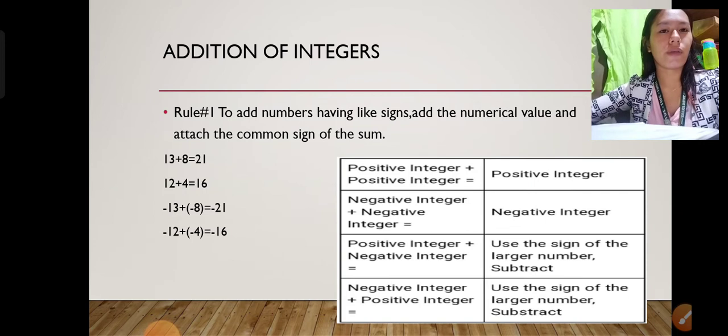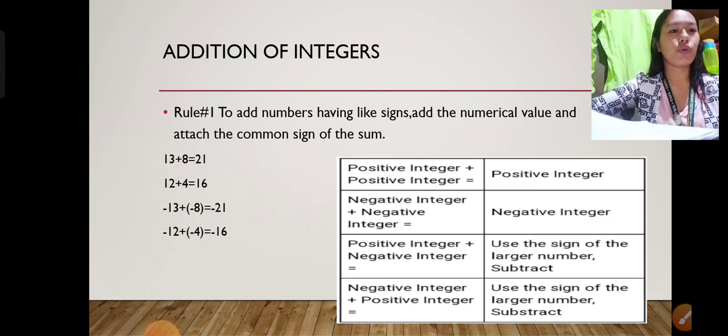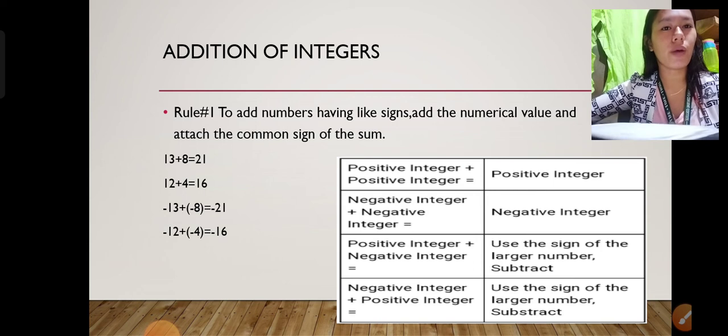So first is addition of integers. Addition of integers has two rules. Rule number 1: to add numbers having like signs, add the numerical values and attach the common sign of the sum. So a positive integer plus a positive integer, the answer is a positive integer.